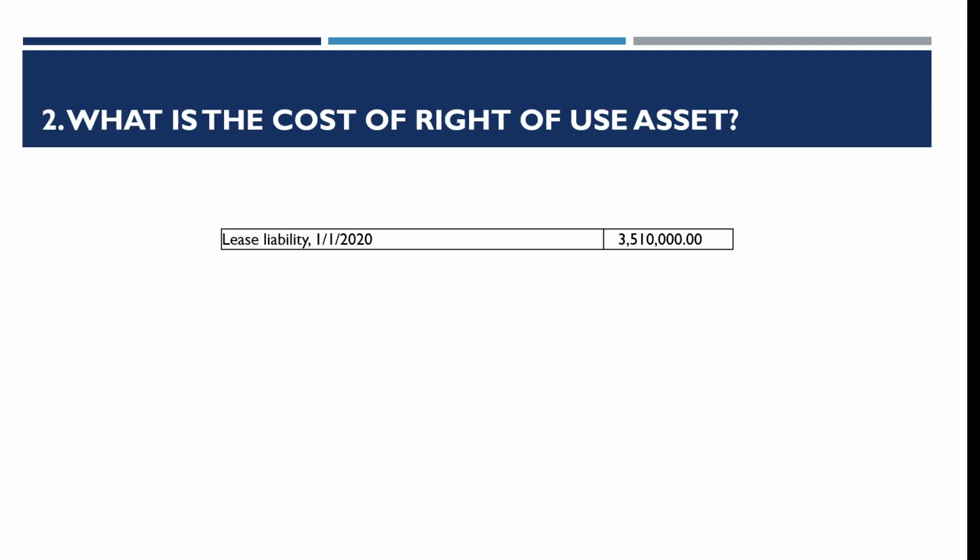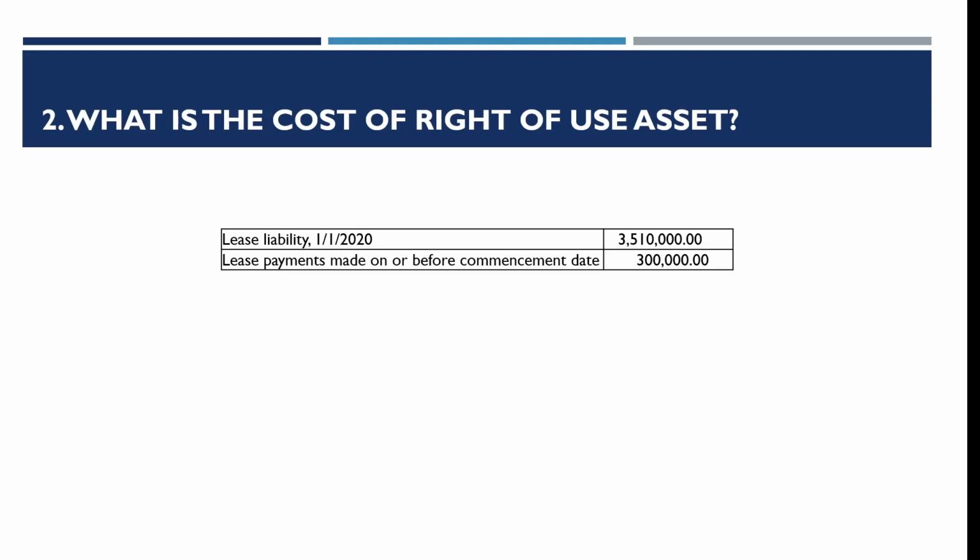First component, the initial measurement of lease liability. Kung ano isagot natin kanina kay number 1, that's already your first component of initial measurement of right of use asset. Next, lease payments made on or before the commencement date. Net of any lease incentives kung meron.